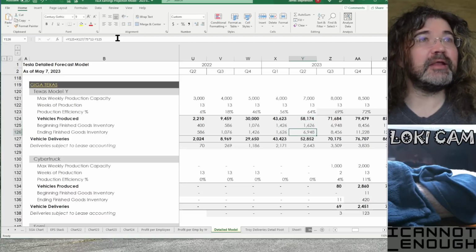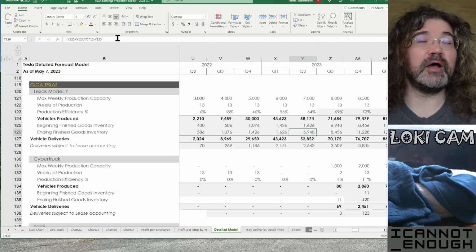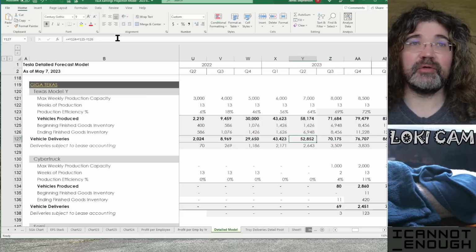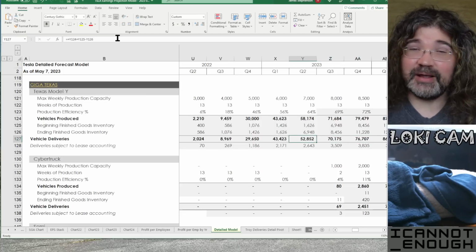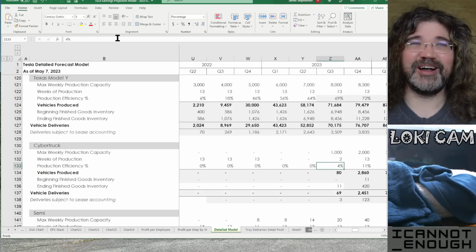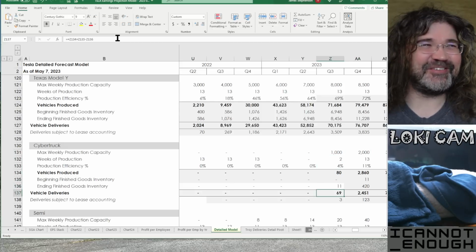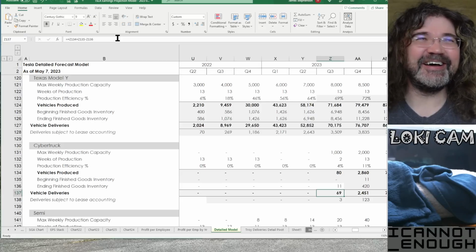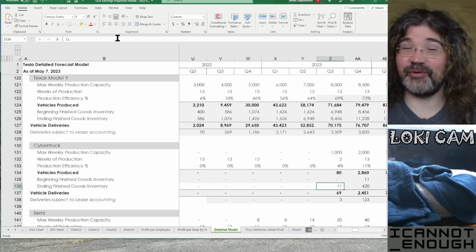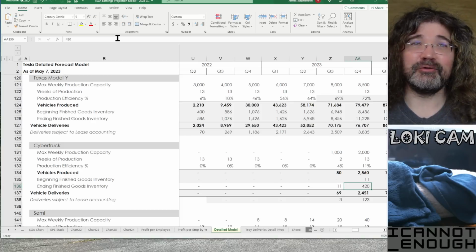So if you believe that, and if you believe 12 days of sales in ending inventory, then you believe these delivery numbers. And it's just math, right? So you add that stuff up. Here's Cybertruck. I've got Cybertruck selling 69 units in Q3 with an ending finished goods inventory of 11 in Q3 and 420 in Q4.